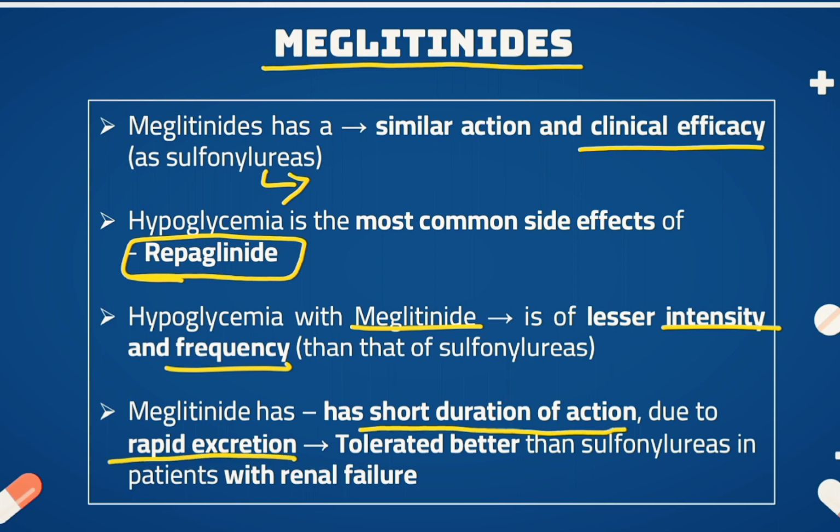Because of these properties, these drugs can be tolerated better as compared to sulfonylureas, and that's why a person with renal failure can better tolerate this class of drugs, the meglitinides.